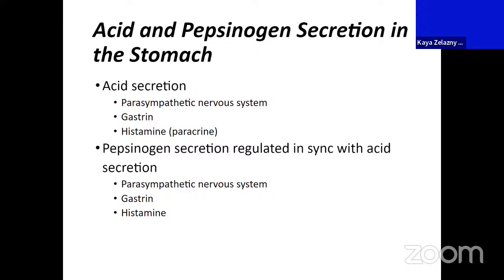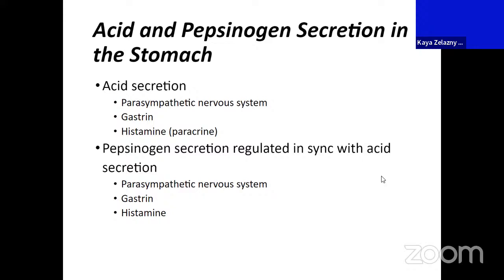So we have to link up our pepsinogen secretion with our acid secretion because they're working together. There's not a point of secreting a bunch of pepsinogen if you don't have acid to activate it. So we're going to see that those are linked together.